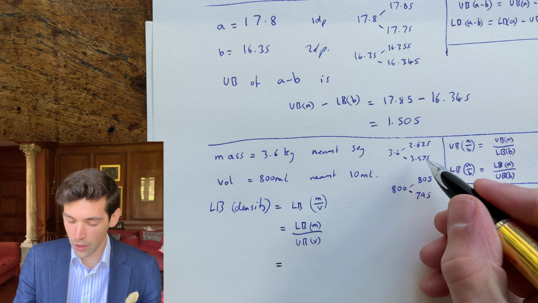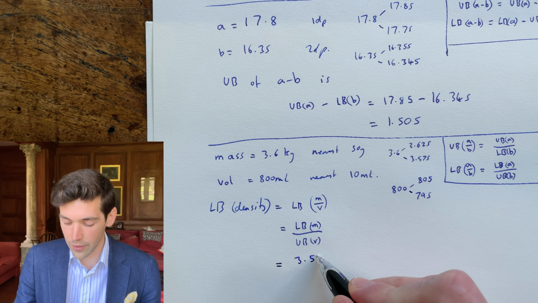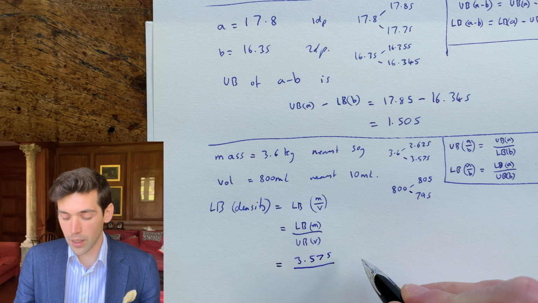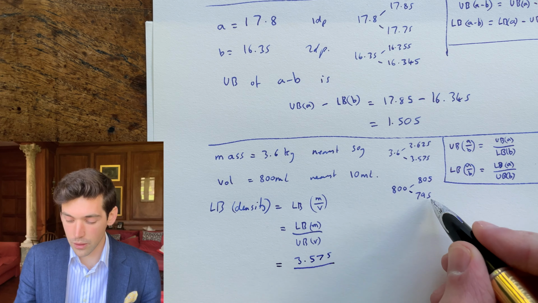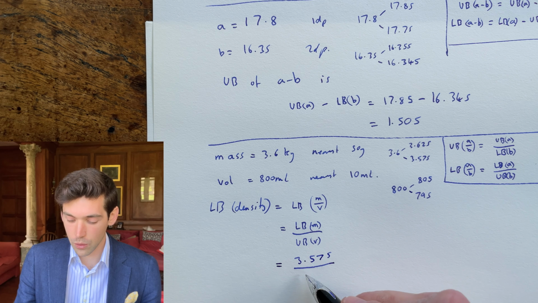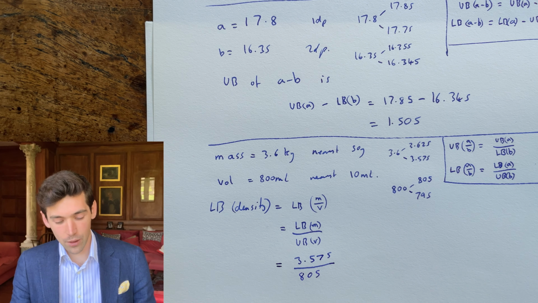I'm getting lost now. Lower bound of this, so that's 3.575 divided by the upper bound of this, which is then 805. And then you can do that on a calculator.